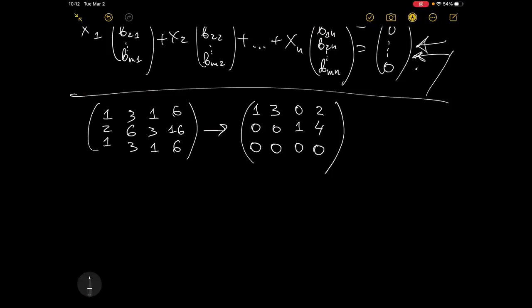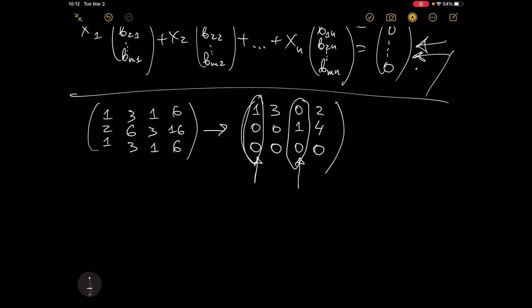As a result, you can see from here that all columns can be expressed through the columns corresponding to the leading ones.